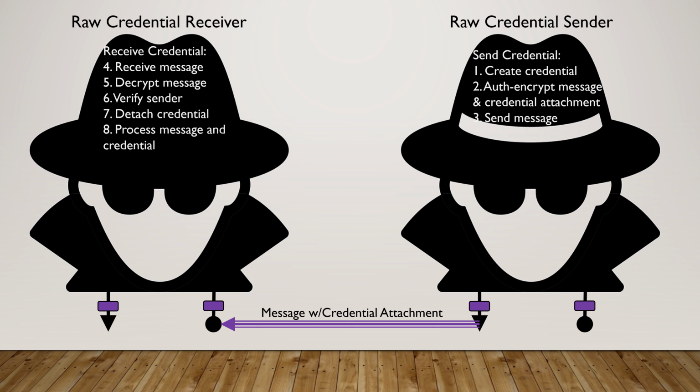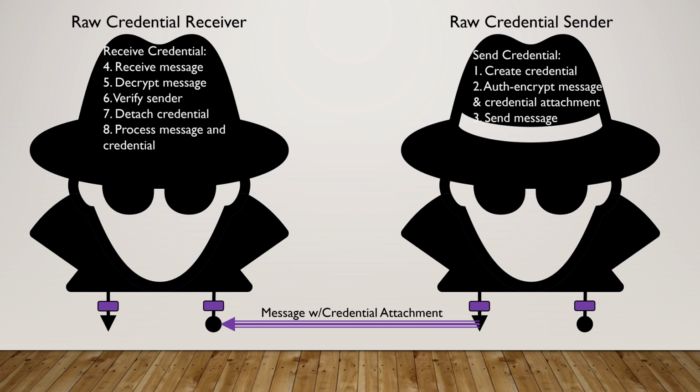What does the receiver do on his or her end? They receive the message, they decrypt it, they verify the sender, they detach the credential, and then they process the message and the credential through whatever workflow or business process is appropriate, usually dependent on the type of credential received. This is for credentials that might be verifiable and might not.